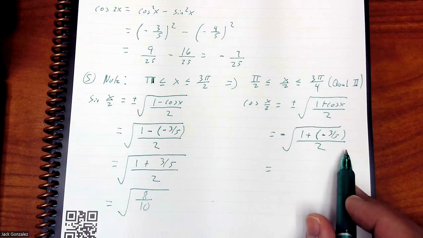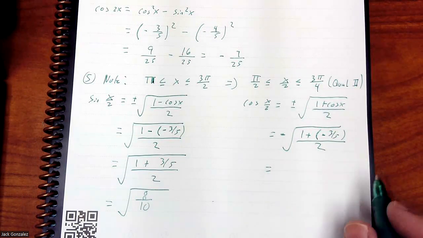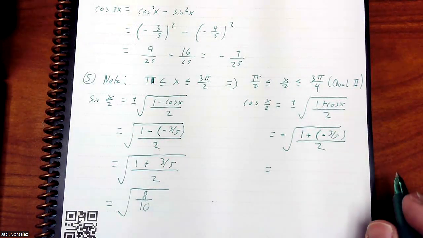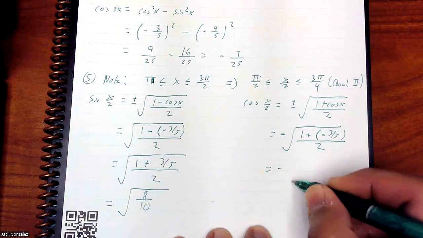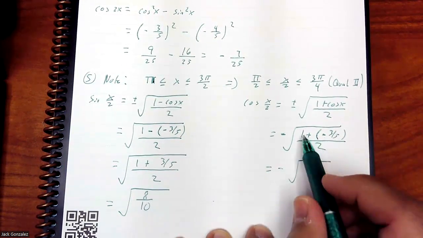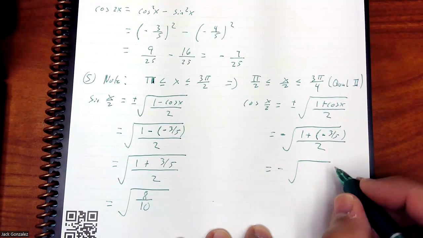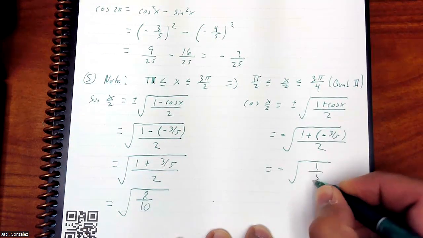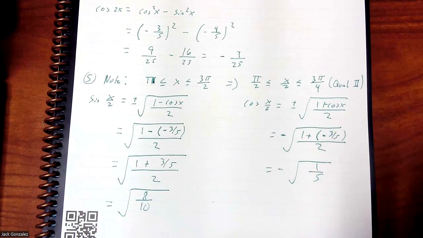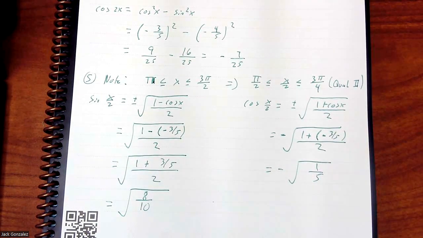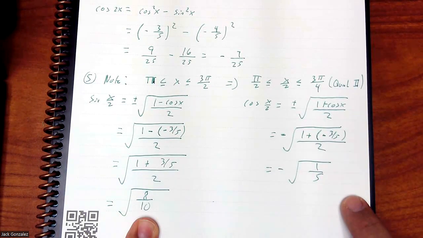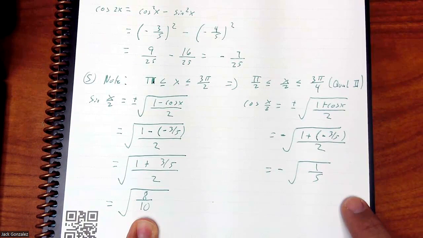This guy will be 1 minus 3/5 is 2/5 over 2, which is 1/5. I'm just going to let it go there, unless you care about the fraction step. Do you want to see more details on this? I could do it on the next page.